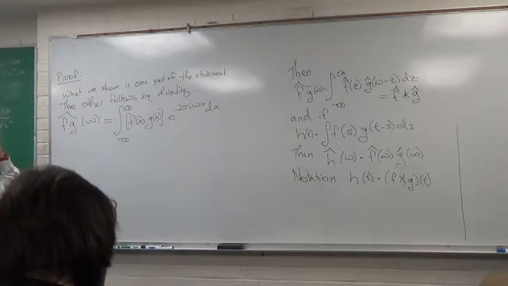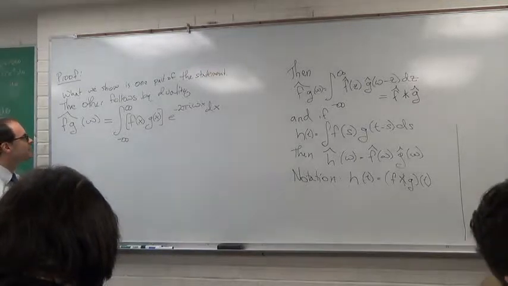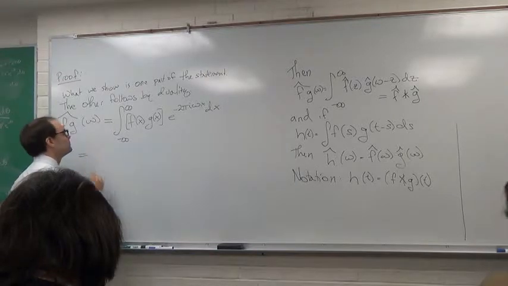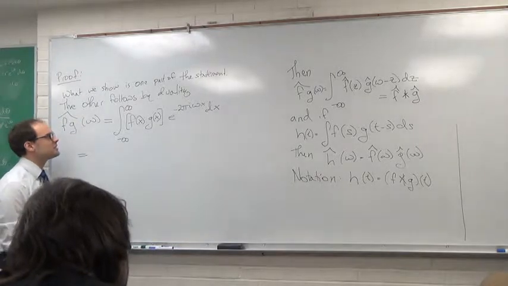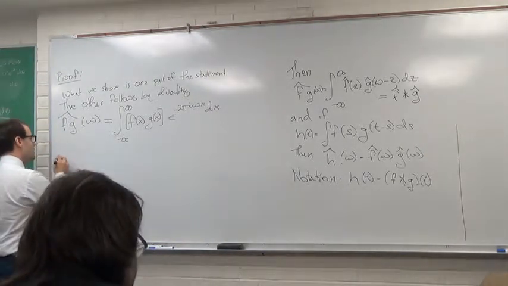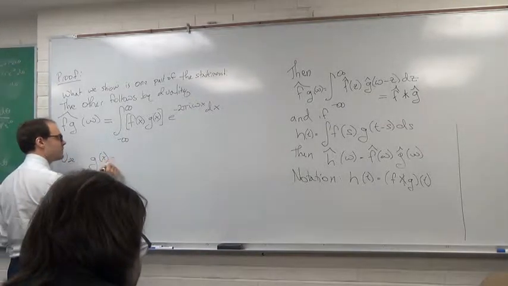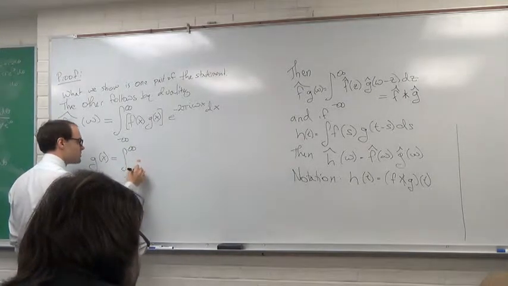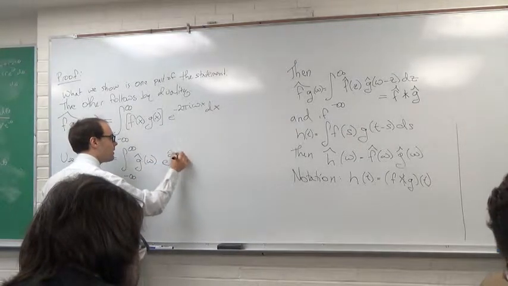Now, this g of x, I can think of as something that has been inverse Fourier transformed. So let's use the fact that g of x is the inverse Fourier transform of its Fourier transform. It sounds worse than it is.